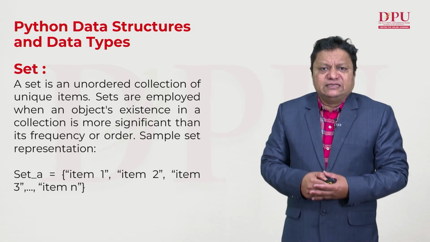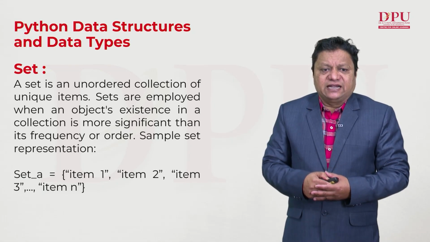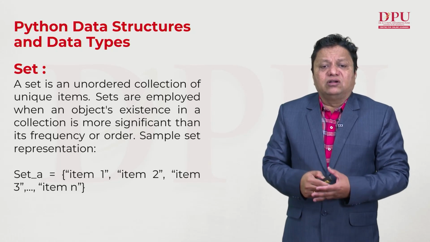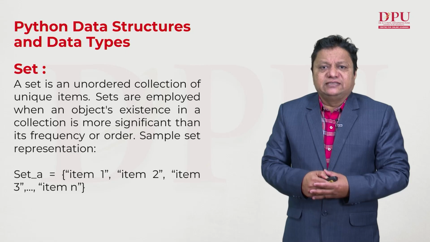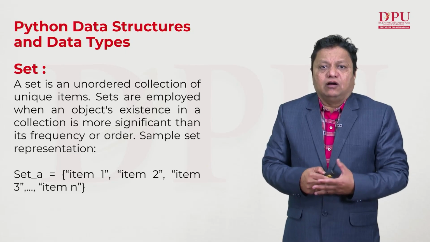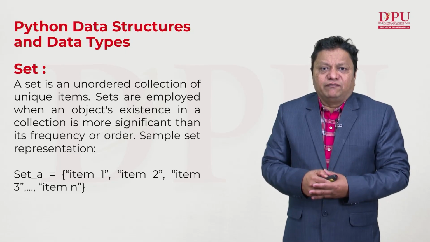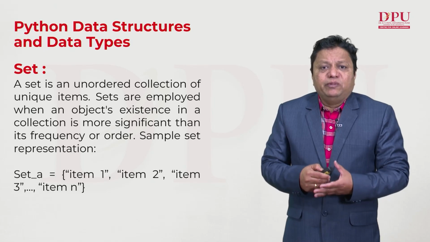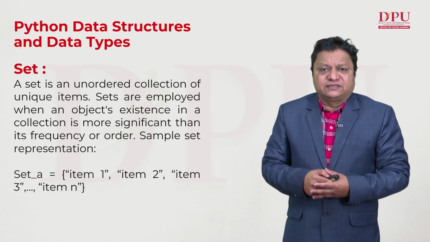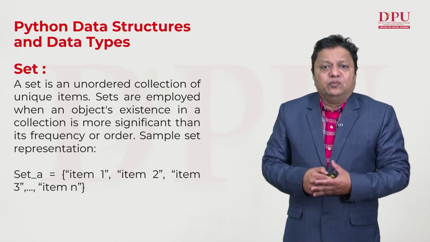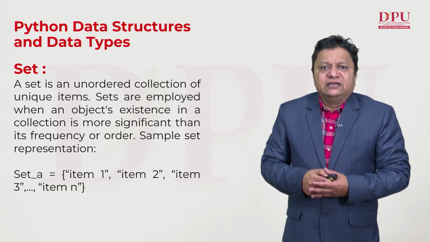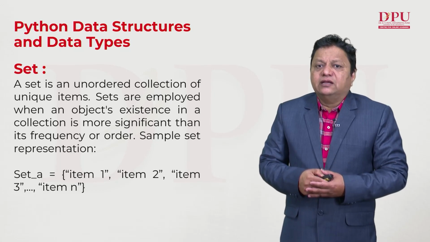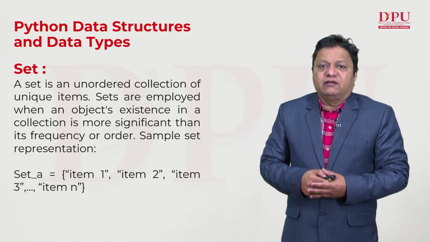The difference between set and list is that set is an unordered collection of unique items, whereas list is an ordered collection of items. So in case of list there can be duplicate values, but in case of set we cannot have duplicate values. Even if you insert duplicate values, the system will automatically remove them.